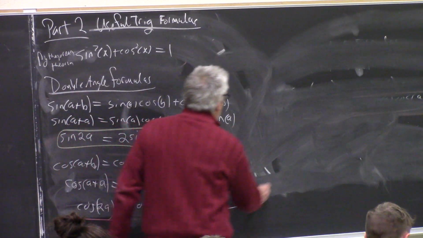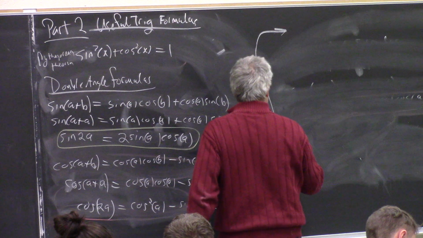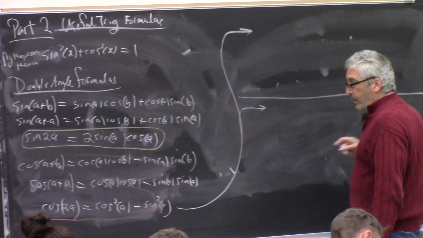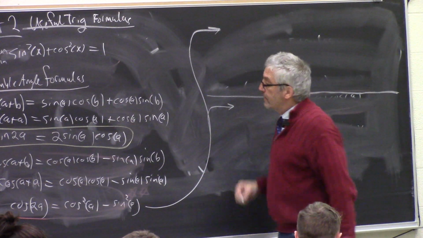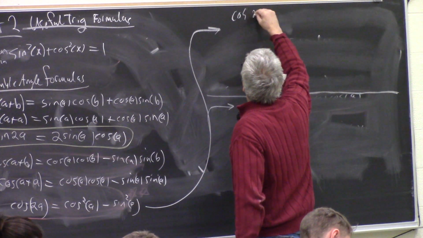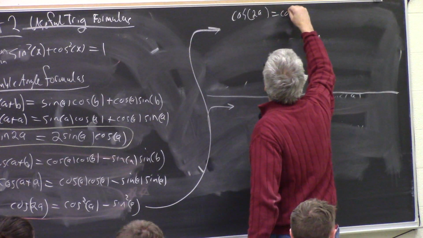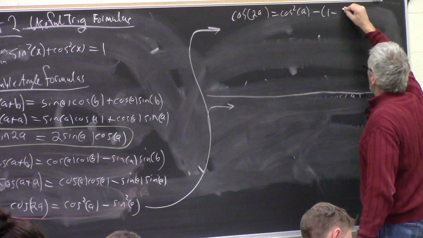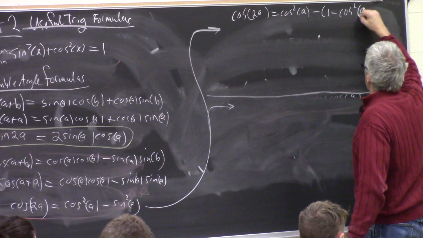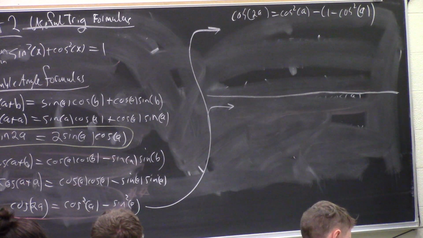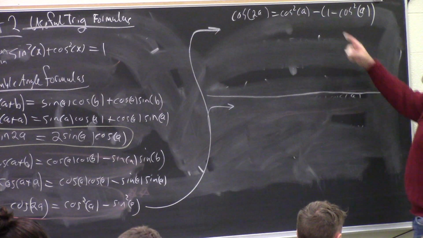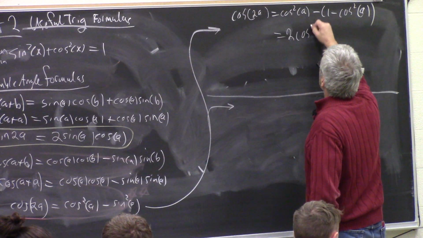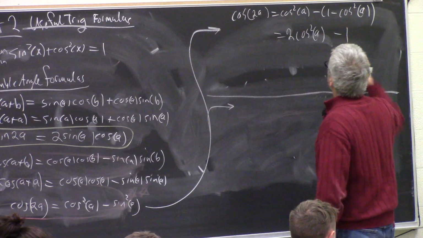But here we can go a couple of different ways. And I am going to go these two ways. One is to get rid of this sine squared. Remember, sine squared is 1 minus cos squared. So I can do that, and notice that I end up with minus a minus cos. I get 2 cos squared A, and then a minus 1.